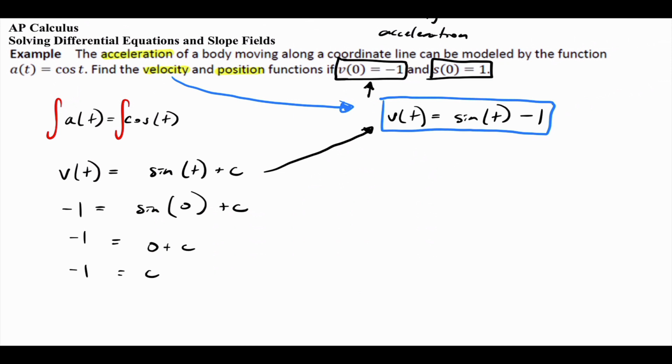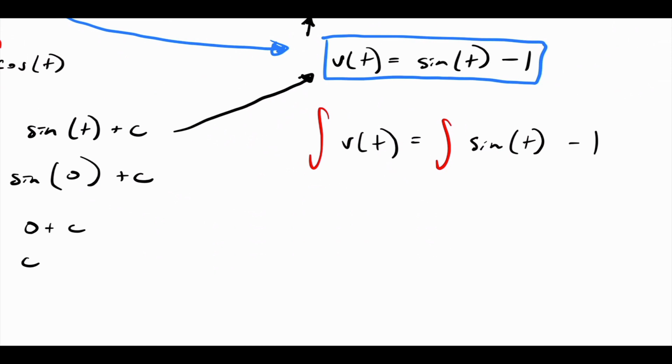Now I have to use that to find the position. All right. The antiderivative of velocity is position, s of t.